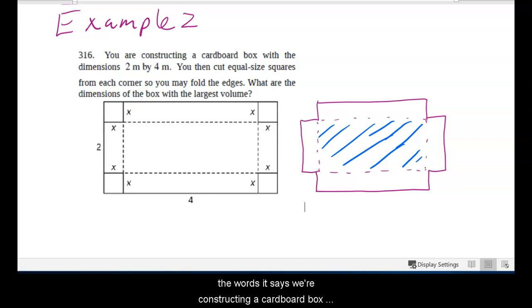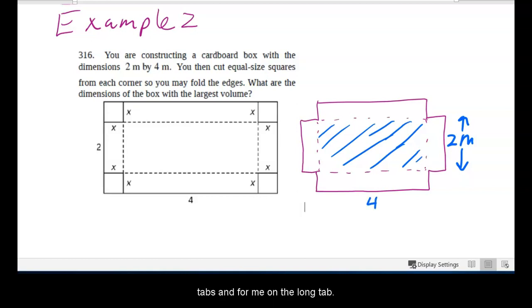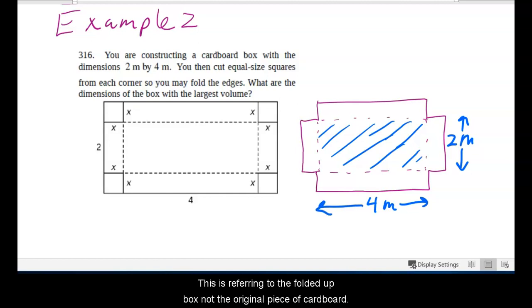Let's look at the words. It says we're constructing a cardboard box with dimensions 2 meters by 4 meters. That means that this is going to be 2 meters on the short tabs and 4 meters on the long tabs. This is referring to the folded up box, not the original piece of cardboard.